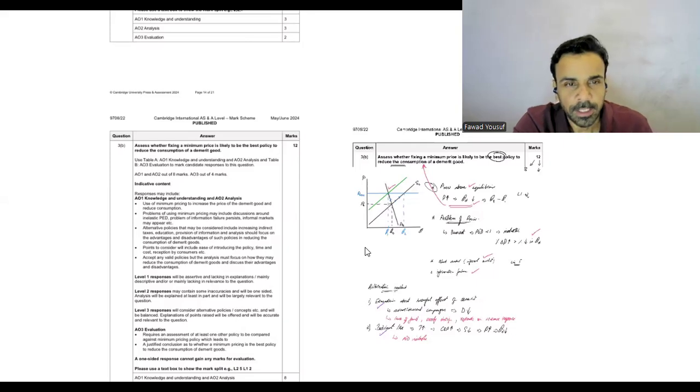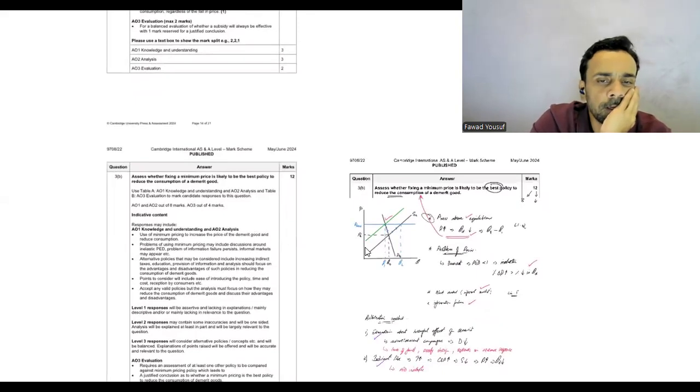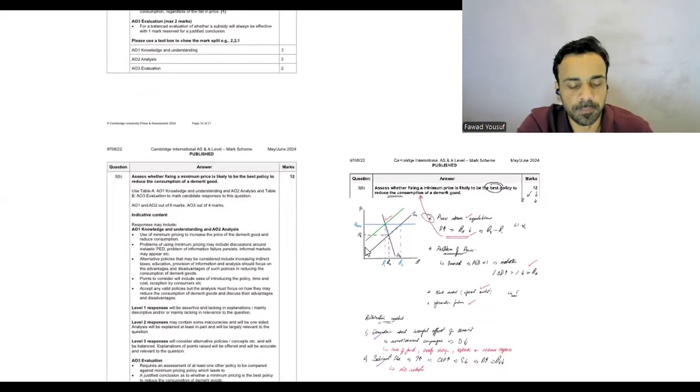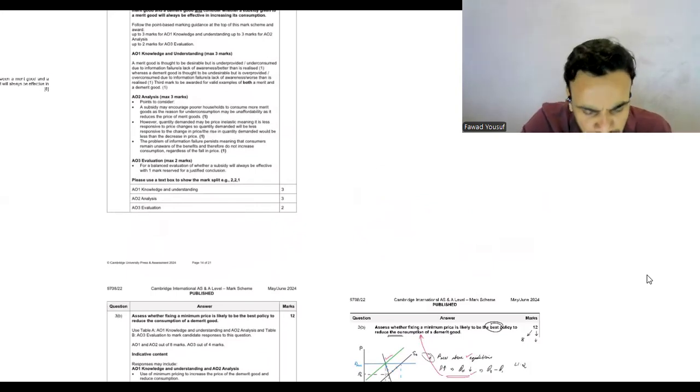All right. इसी कॉन्टेक्स्ट में रहते हुए, 2023 के अंदर there are a lot of questions on minimum and maximum.